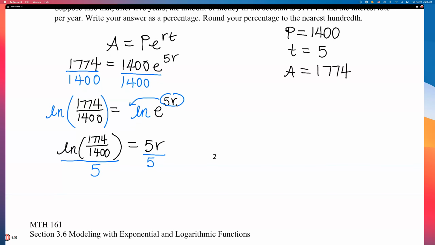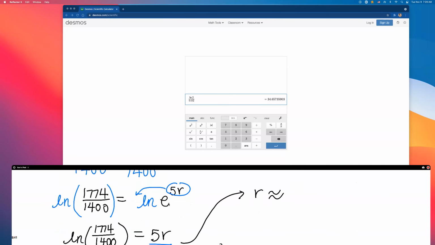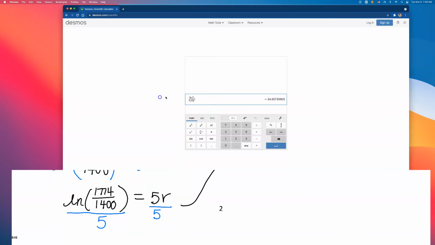All right, let's find what r is. And r is going to be in decimal, but since they want us to find percentage, I'm going to go ahead and do this division, and I will multiply by 100 to convert it into a percentage number. So look, I have natural log of 1774 divided by 1,400, and then I'm dividing this big natural log expression by 5.